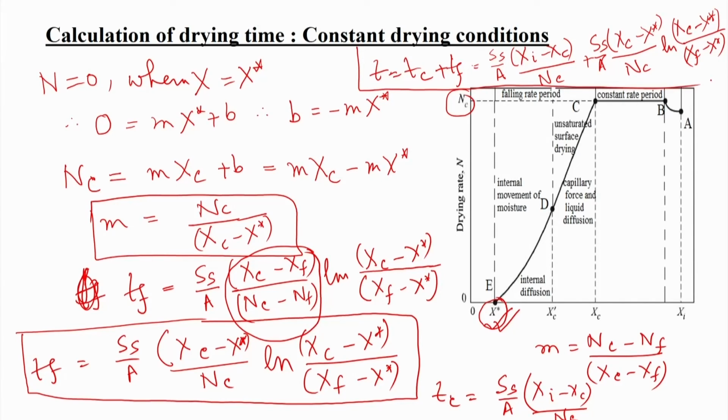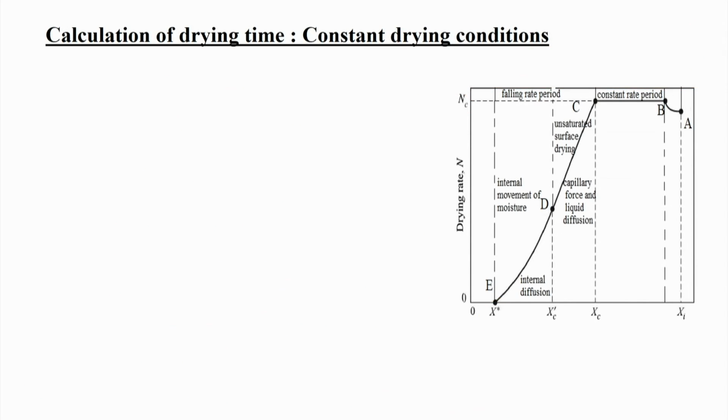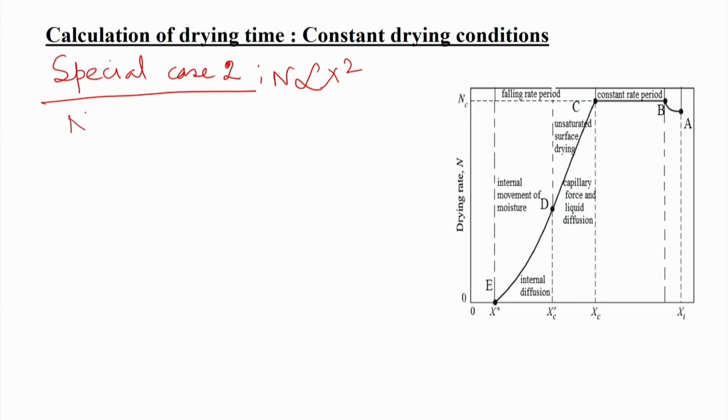Okay. Now, another case we discussed, special case 2, where we said n is proportional to x squared. Like this, n will be equal to beta into x squared. Then n_c will be beta into x_c squared, and then beta is equal to n_c / x_c squared.